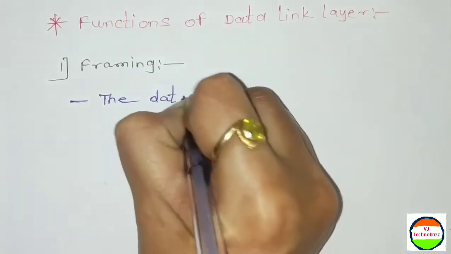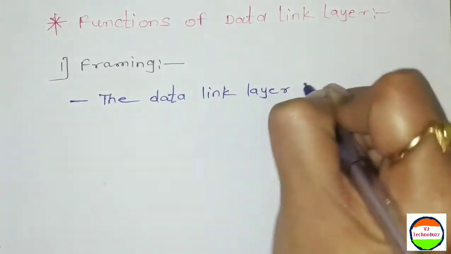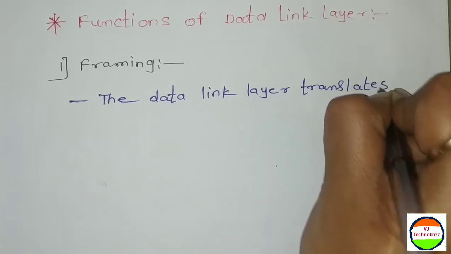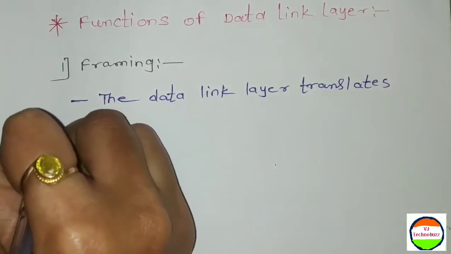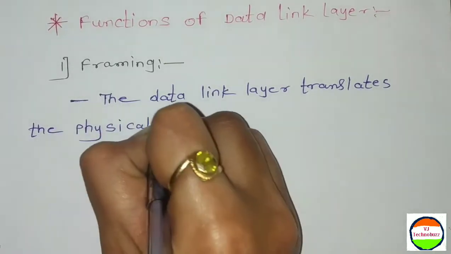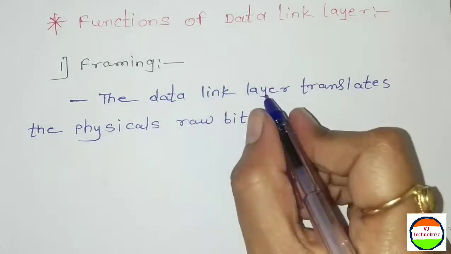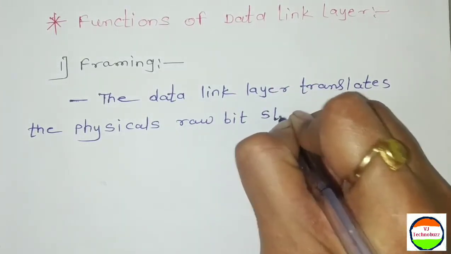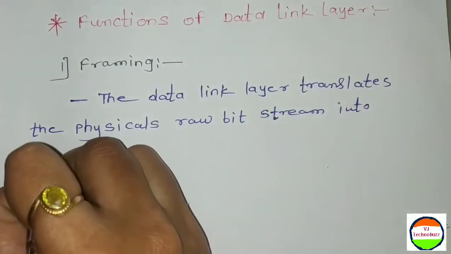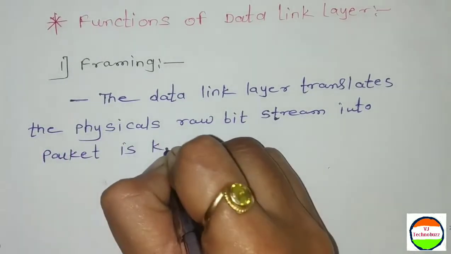The data link layer translates the physical raw bit stream into packets known as frames.